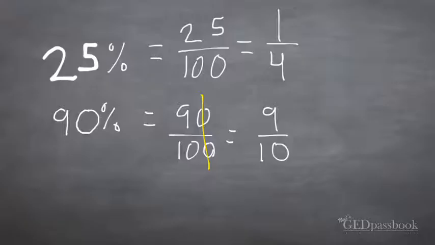But there's another little question that you might need to convert, which is when you're given a percent as well, but you're told to convert it to a decimal. Do we remember how to convert this to a decimal?